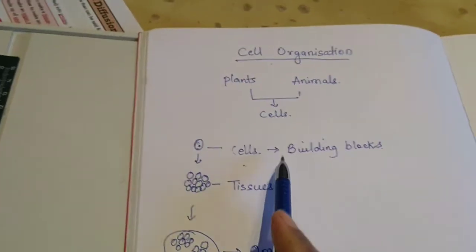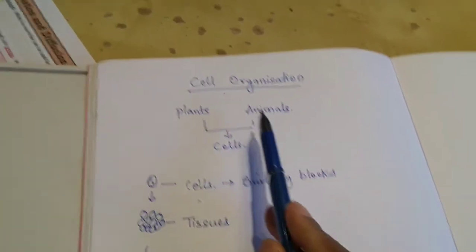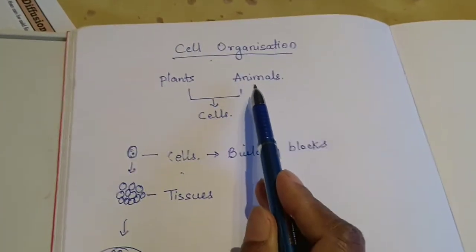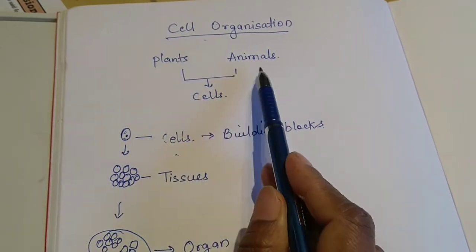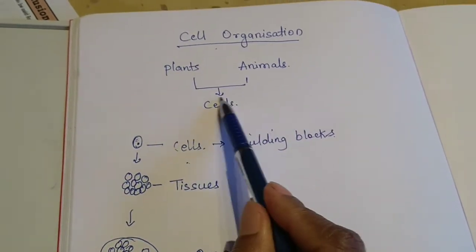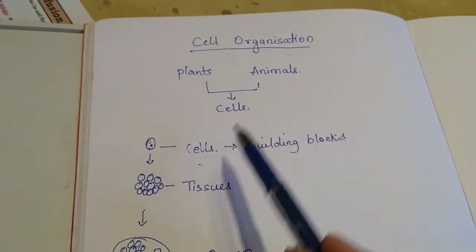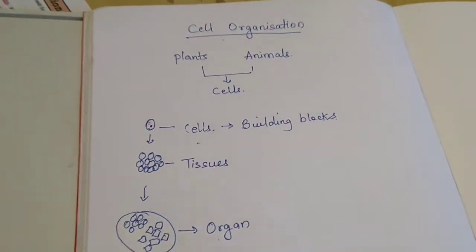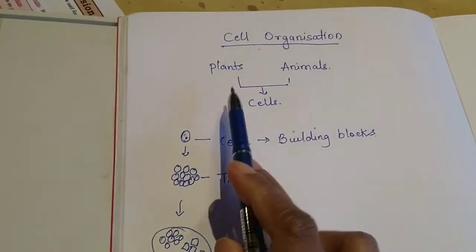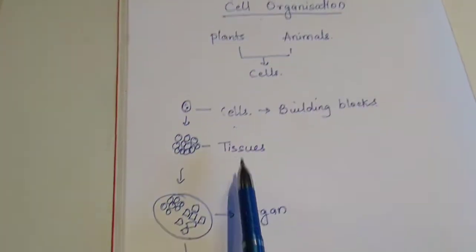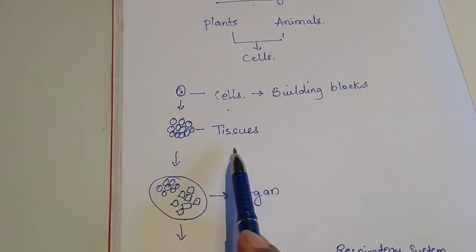And it is true for both plants and animals. Whether it is a plant or an animal, you will see the smallest part is the cell. And there are multiple different types of cells present in both plants and animals, which make different types of tissues.